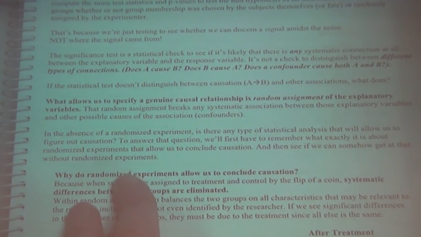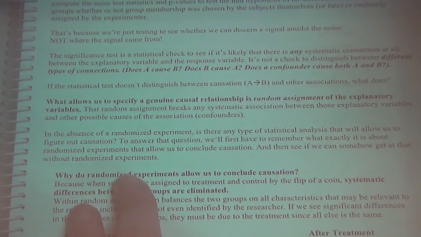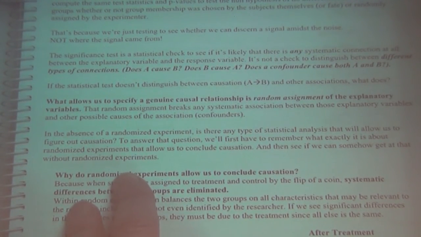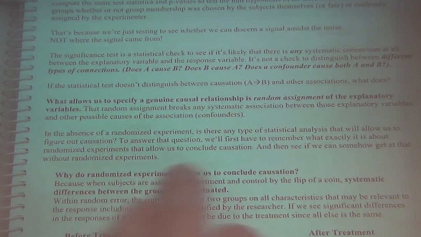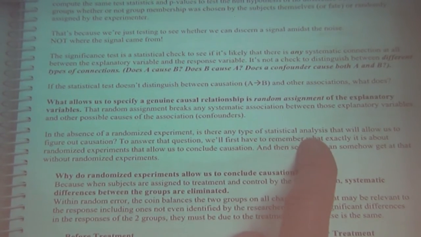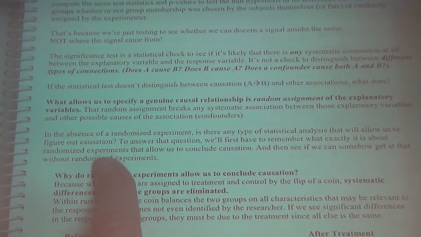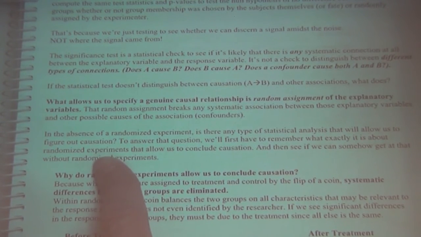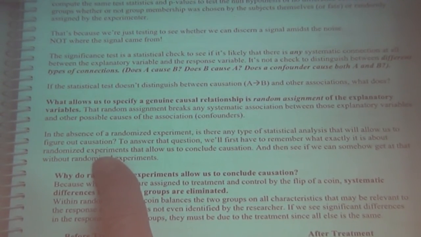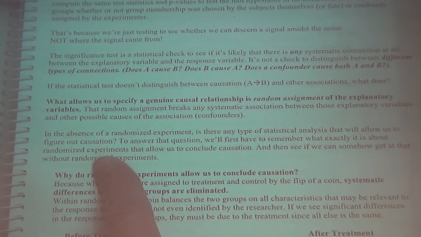We don't always have a randomized experiment. So a lot of what we're going to be doing in this class is thinking about whether there is any other type of statistical analysis that will allow us to figure out causation. Because remember, lots of times we want to know not just whether A predicts B, but whether we can change A to change B. Causation means we can do something about it.